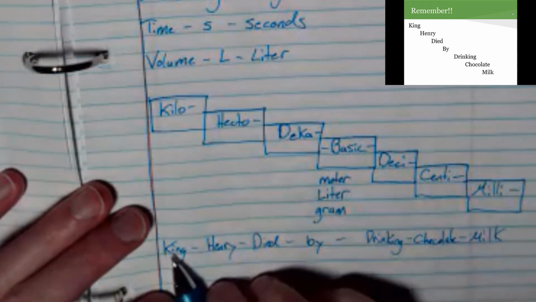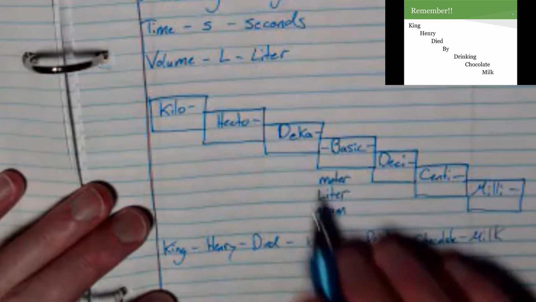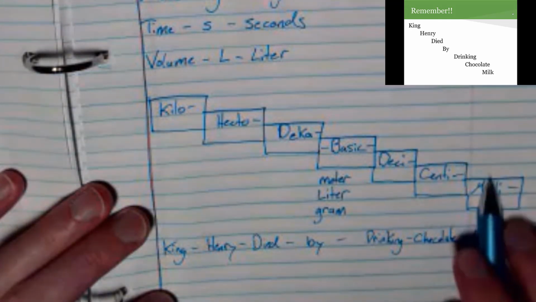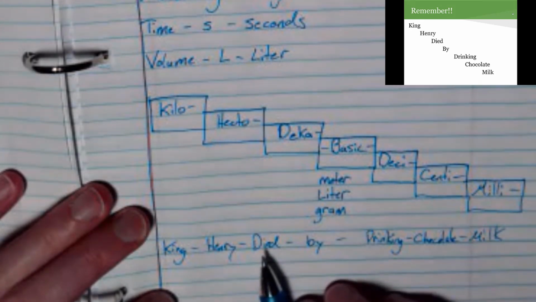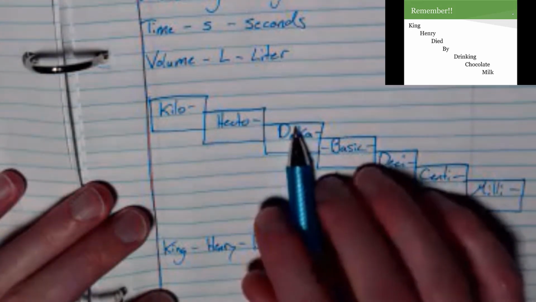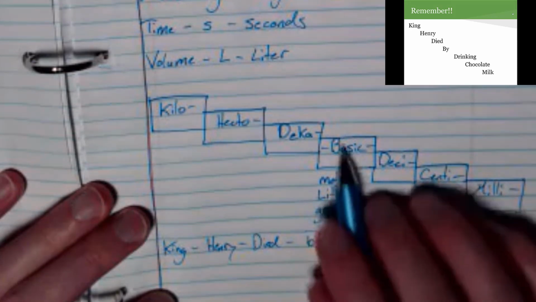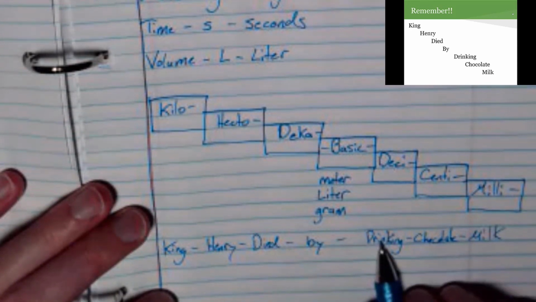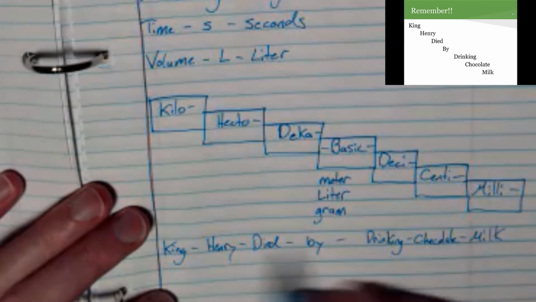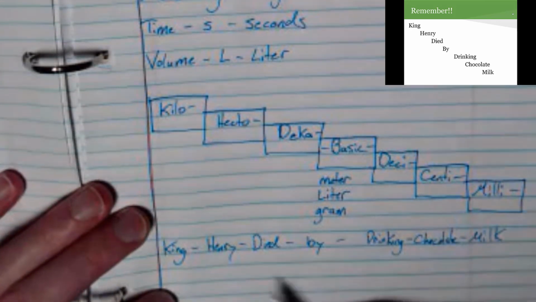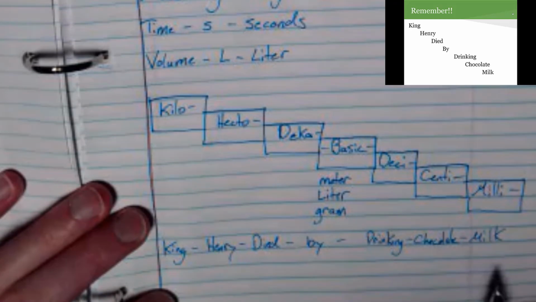Now notice how the first letter goes along with the first letter of the thing above it. So King for kilo, Henry for hecto, died for the D for deca, B for basic for by, drinking deci, chocolate centi, and milk for milli. So that's kind of a way of remembering how these work out.